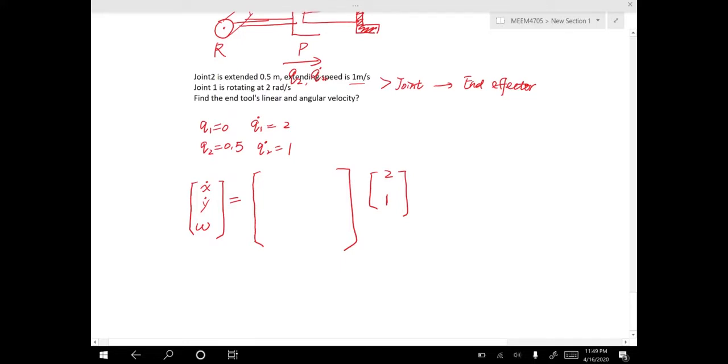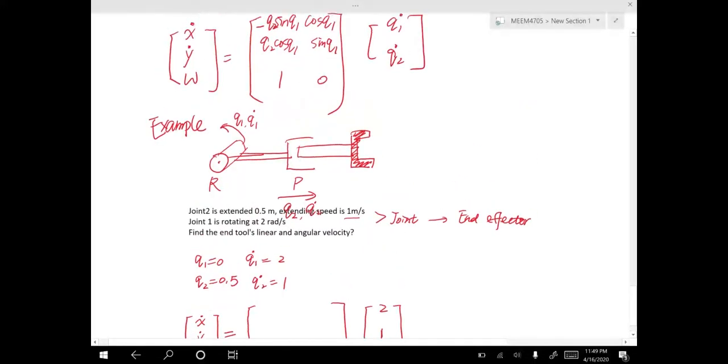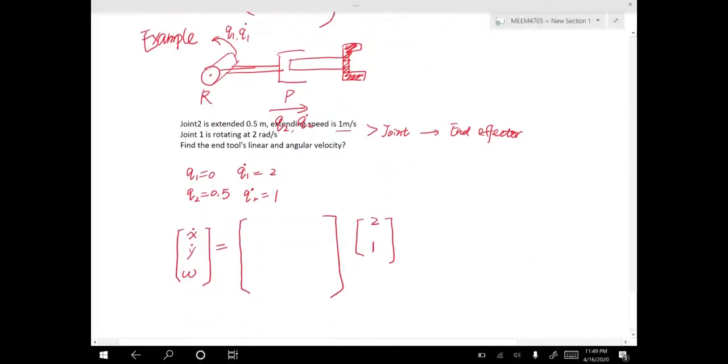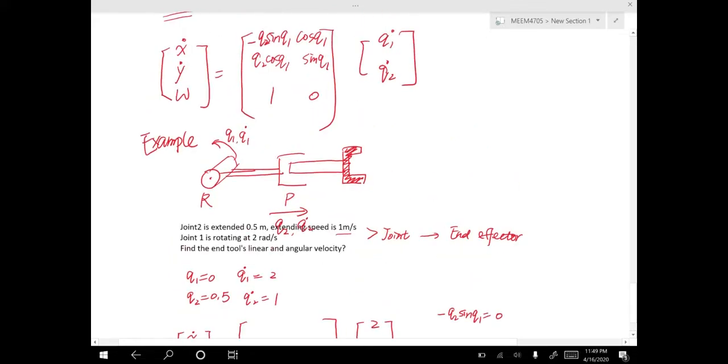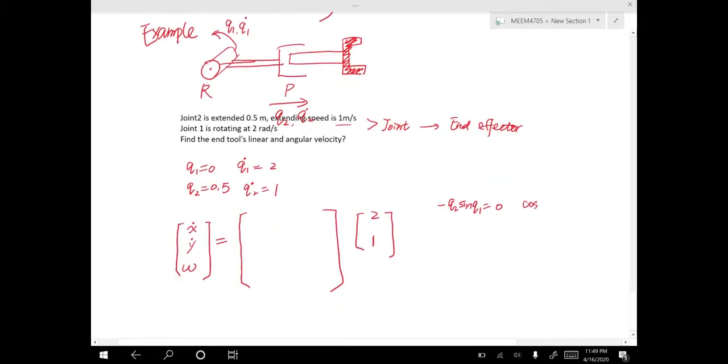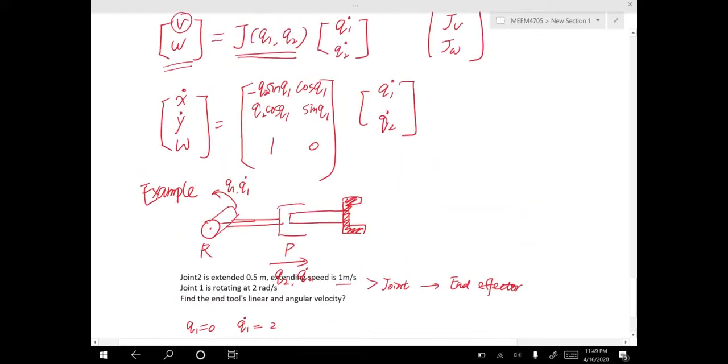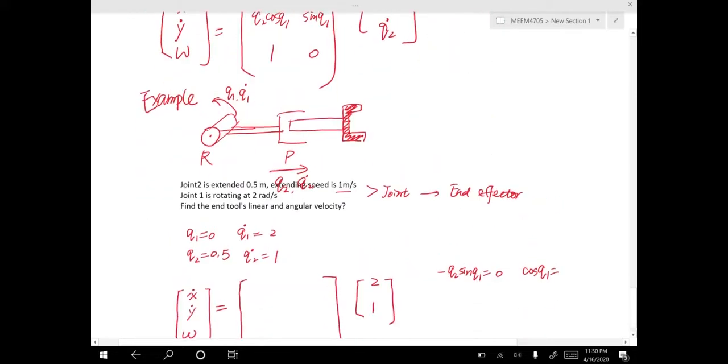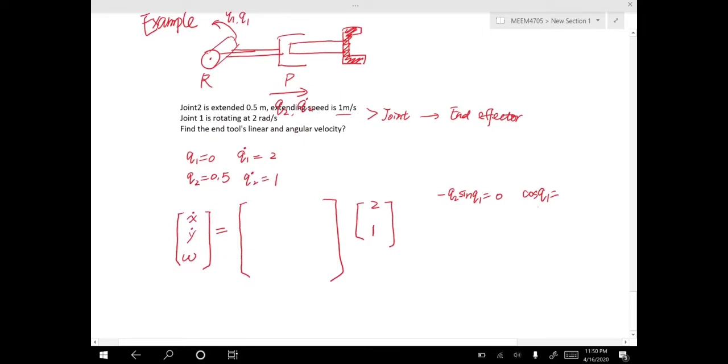For this Jacobian matrix, we already know these terms, so we can do a quick calculation. The first row, the first term, is negative Q2 times sine Q1, and Q1 is 0, so this is 0. And this term is cosine Q1, and Q1 is 0, so cosine Q1 equals 1.